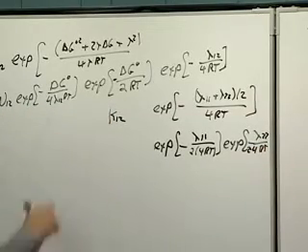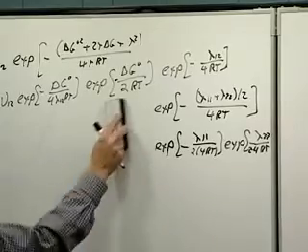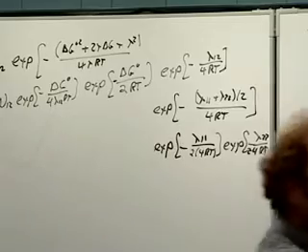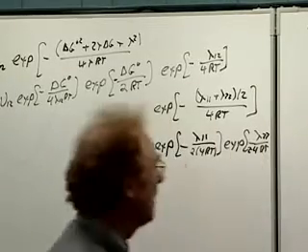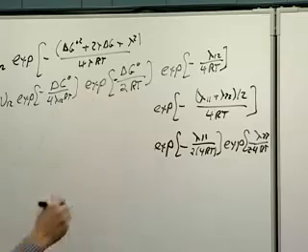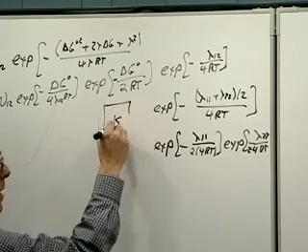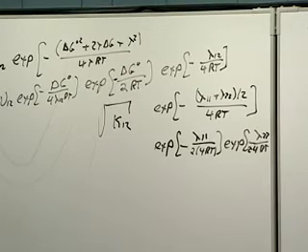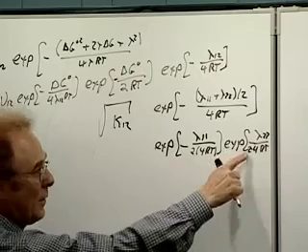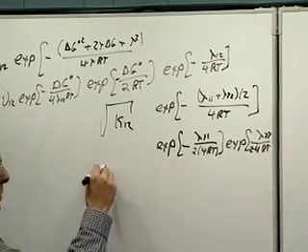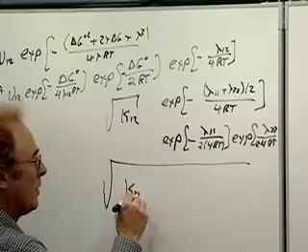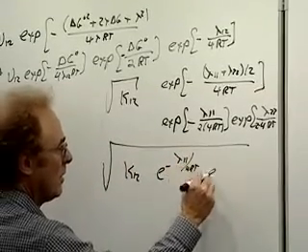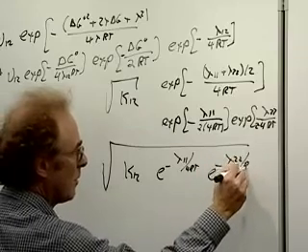Oh, this is in K12. Who let me do that? You let me get away with a fast one. This is a 2. K12 is just delta G over RT, right? So this 2 is a square root. So this is the square root of K12. And I'll take these two 2's out there, and I'm going to get the square root of K12 e to the minus lambda 1,1 over 4RT e to the minus lambda 2,2 over 4RT.